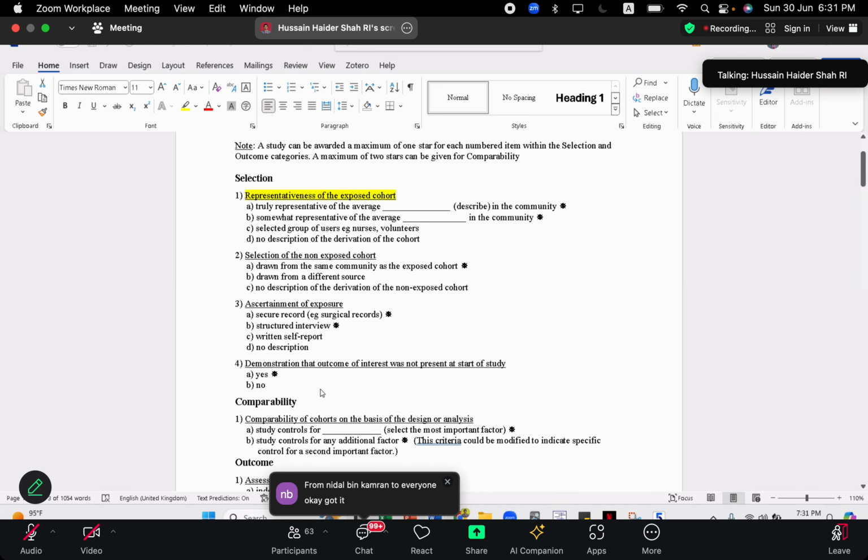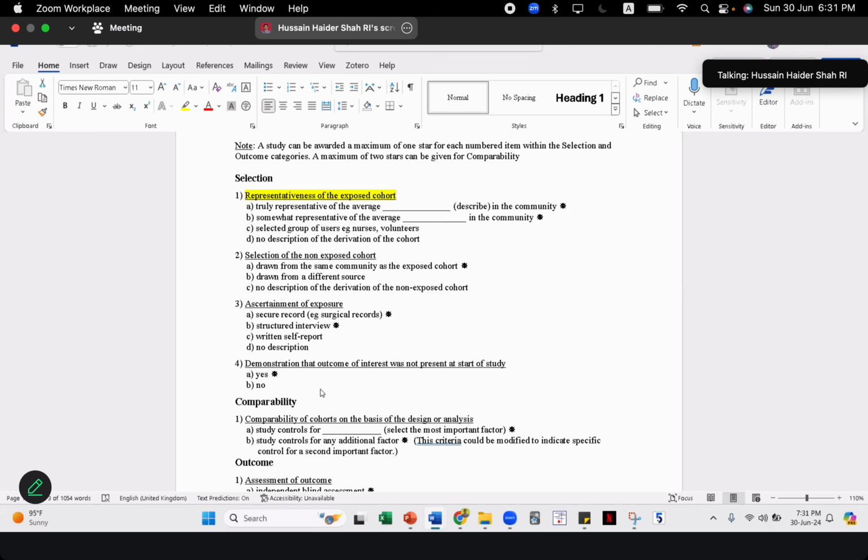Now, the fourth question is the demonstration that the outcome of interest was not present at the start of the study. If we are doing this cohort study in which we are assessing the association of smokers and non-smokers with lung cancer, we have to make sure that the smokers don't already have lung cancer, because that will mean the outcome of interest was already present at the start of the study.